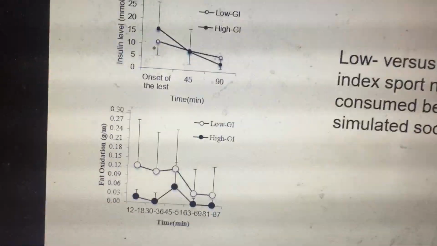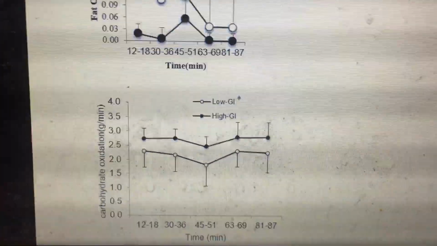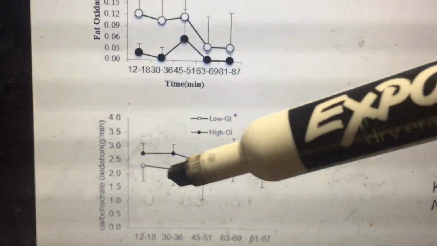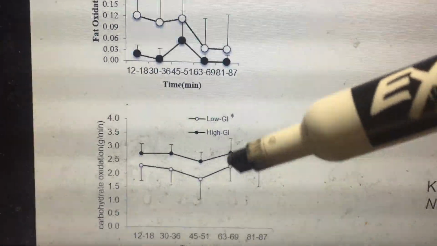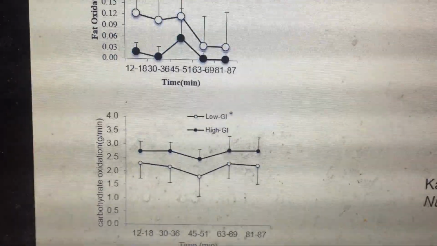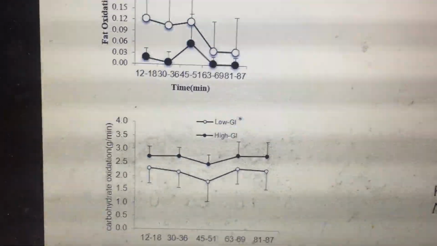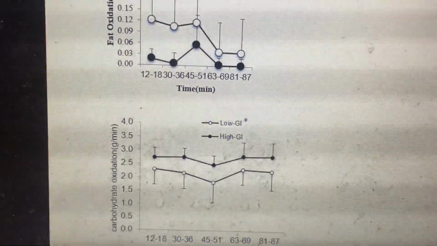And then down here, we have the results for carbohydrate oxidation. As expected, the low glycemic index condition resulted in a lower carbohydrate oxidation throughout the match compared to the high glycemic index condition. Theoretically, this would be beneficial because it would prevent glycogen depletion later in the soccer match.